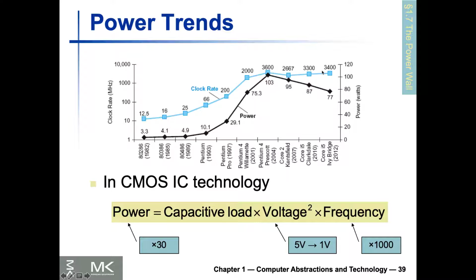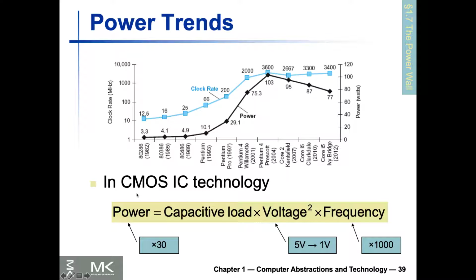Almost clock rate, right? So let's see what was the reason behind this. Roughly speaking, power consumption is related to the capacitive load of the transistors, multiplied by the voltage squared, and multiplied by the frequency.